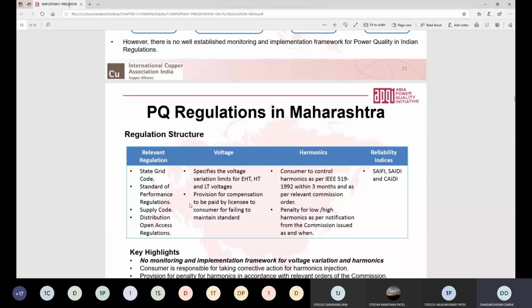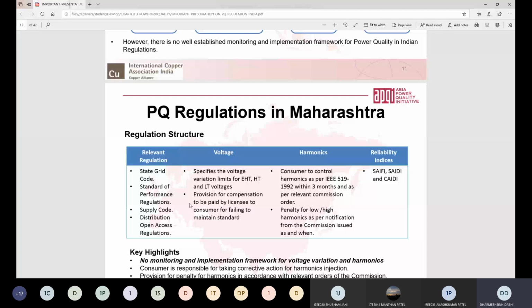And they have a provision for compensation to be paid by the licensees to the consumer for failing to maintain the standard. Suppose any utility like a distribution company is not able to follow the standards, then the consumer has a provision to get compensation from this licensee or utility.